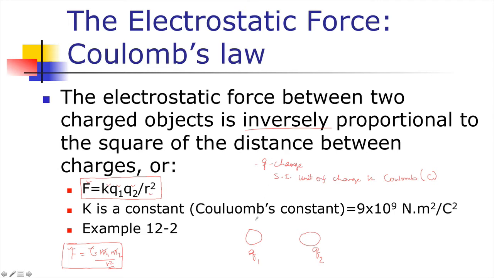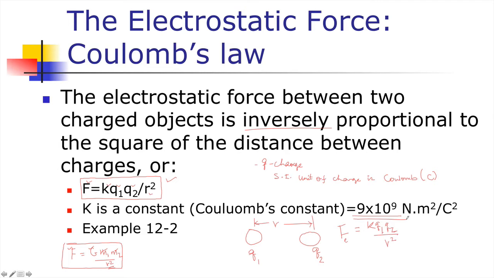So Coulomb's equation: the distance between the two charges is r, then the force between them, sometimes represented as Fe to show it's an electrostatic force, is K times Q1 times Q2 divided by r squared. It's already written here. And K is known as Coulomb's constant, and it's 9 times 10 to the power of 9 Newton meter squared per Coulomb squared.